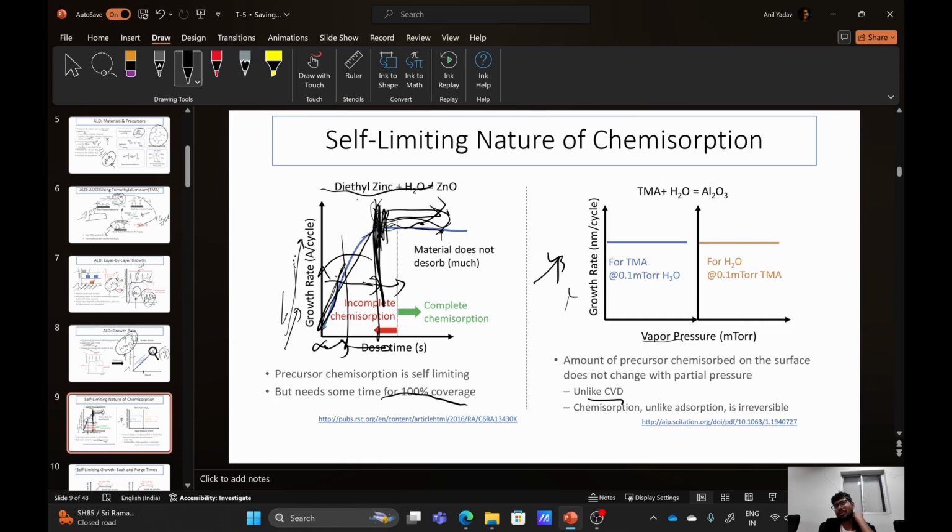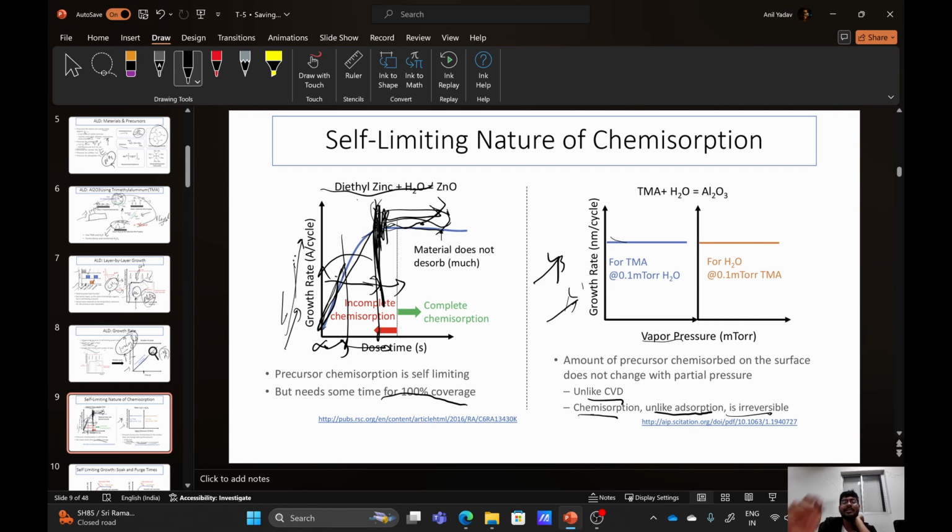In CVD the partial pressure does affect the growth rate, whereas here the growth rate will be constant with any partial pressure. Another thing is chemisorption. Unlike physisorption or adsorption, it is irreversible.